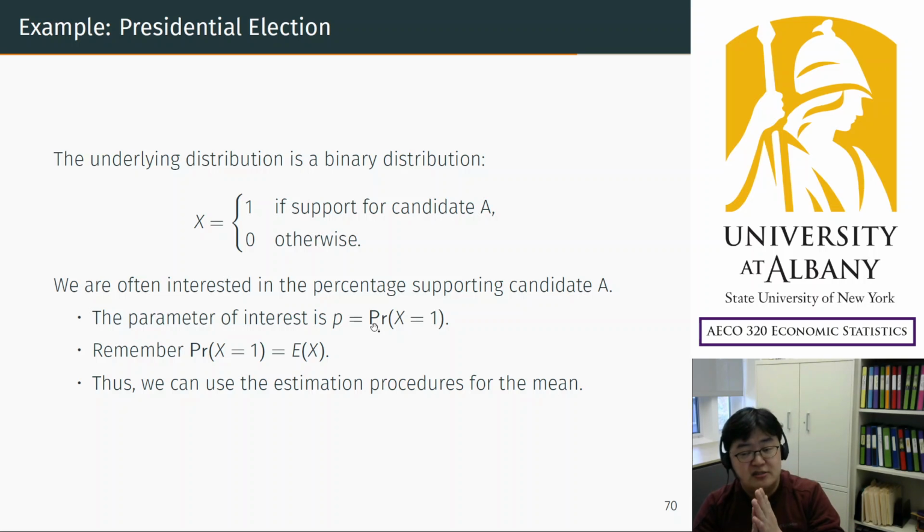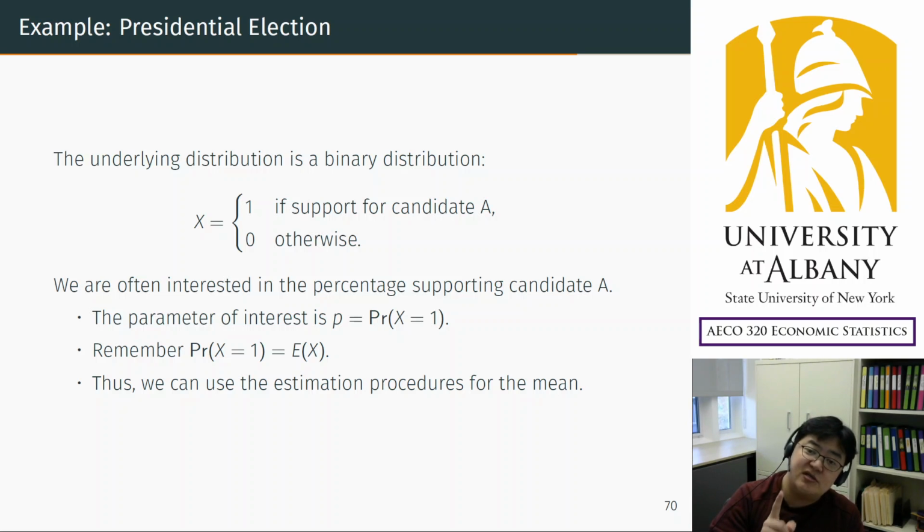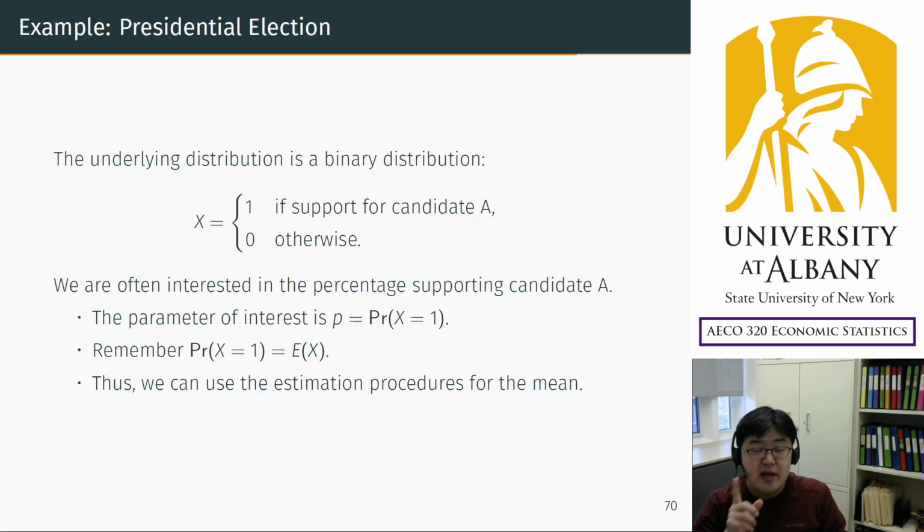But the problem here is that the parameter we are interested in is a probability, but the confidence interval we learned is based on an estimation for the population mean. So you may think the confidence interval we learned may not be applied for this parameter, but actually, yes, it can be applied because we learned the probability of success equals the mean.